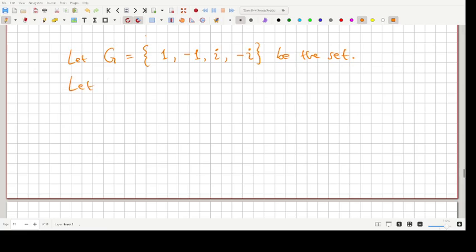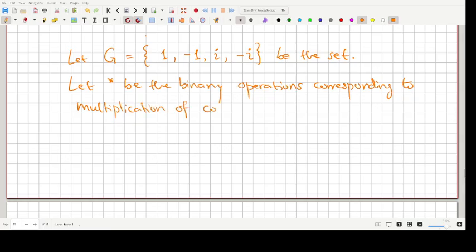And let star be the binary operation which corresponds to multiplication of complex numbers. Again, let us remind ourselves that i and -i are imaginary numbers, right? So all numbers that we can see in this set G are complex numbers, period.